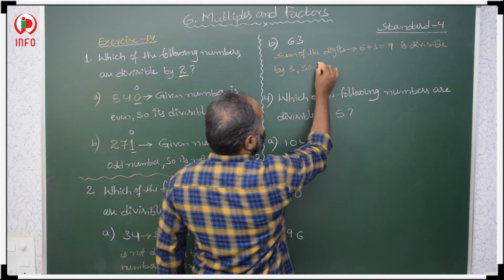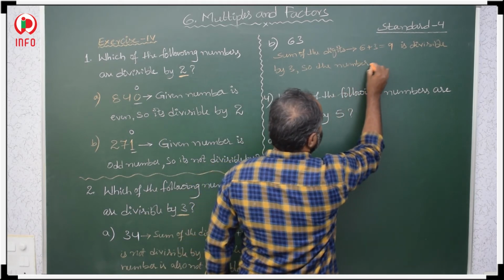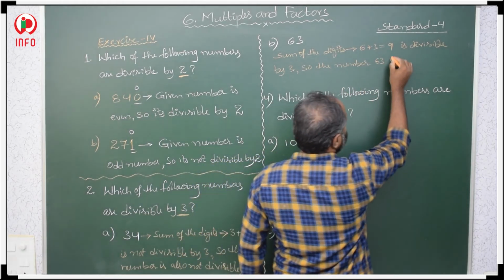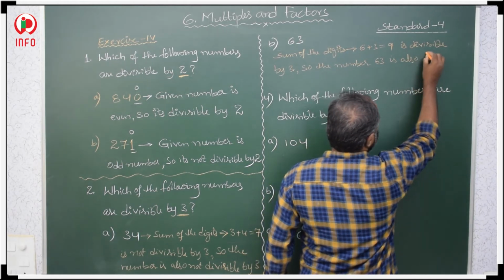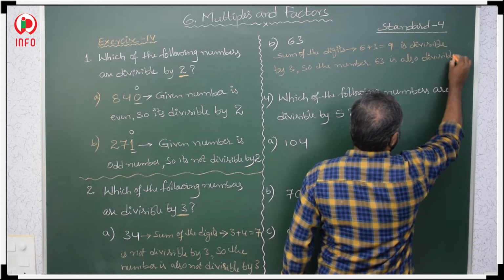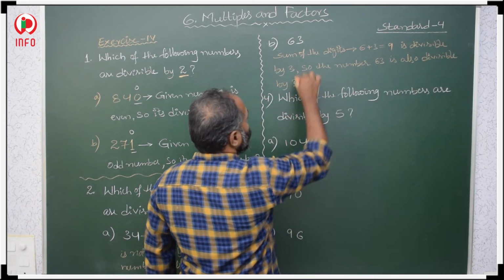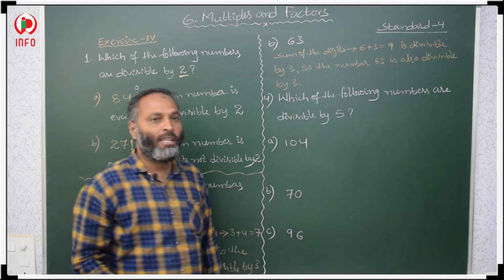So the number 63 is also divisible by 3.